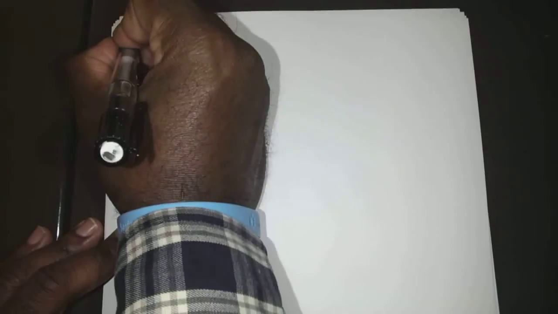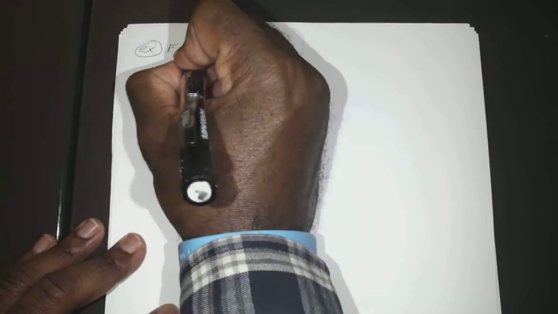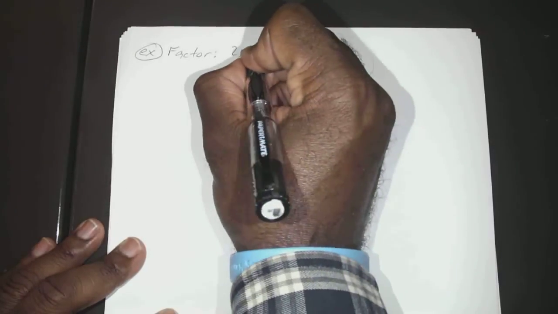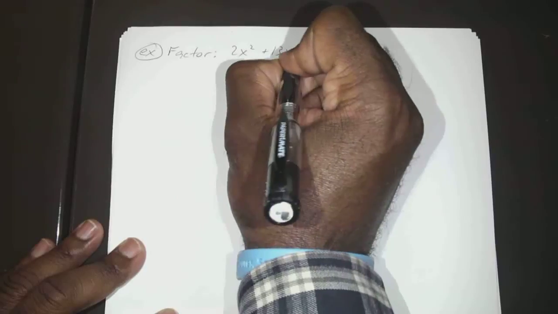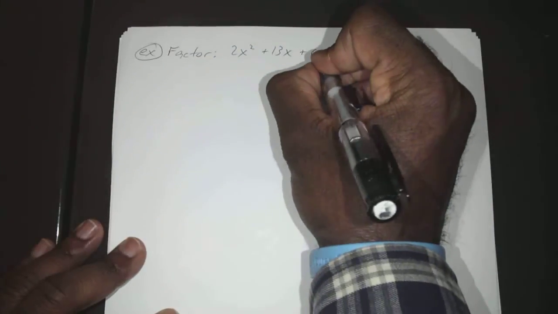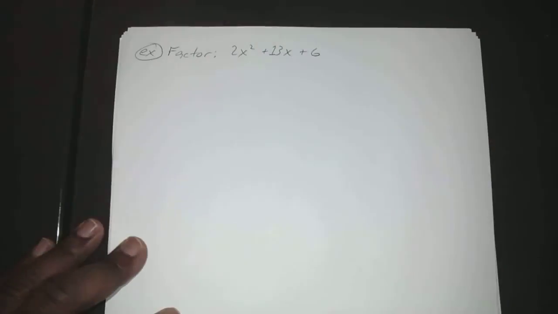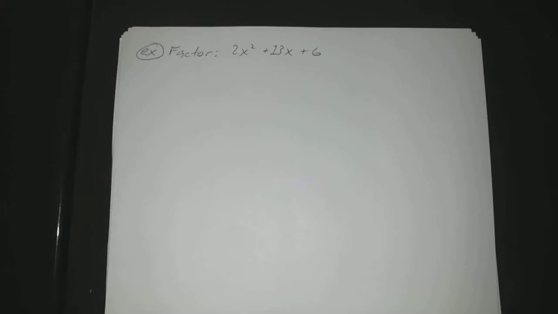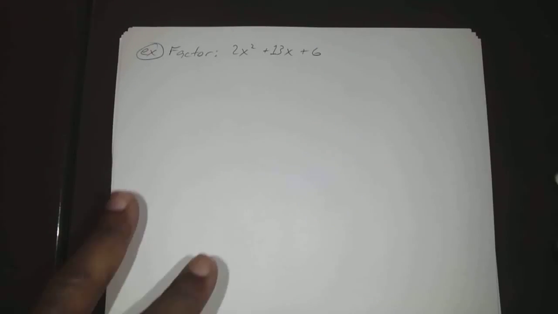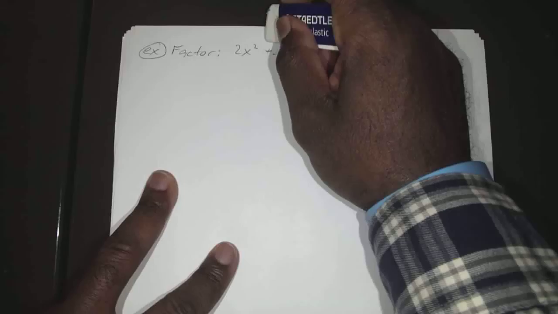All right, so what if we have the factor, say 2x squared plus 13x plus 6. Let me clean that up a little bit.